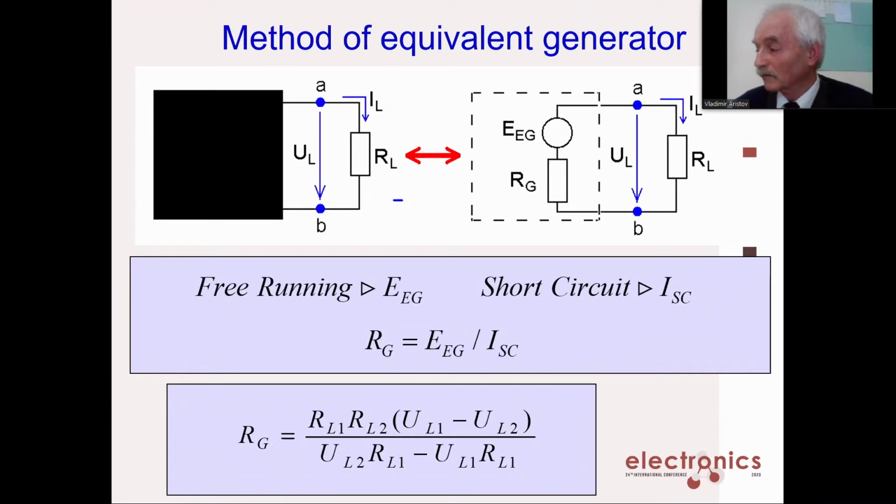A consequence of the method of the equivalent generator is the determination of the output resistance by two values of the load resistance, R1 and R2, and the corresponding output voltages. It is not difficult to verify that in this case, the output resistance is determined by the formula shown below on the slide. Using this equation, one should strive to ensure that the difference between the two load resistors tends to 0. This will avoid the impact of the change in load on the transition process.